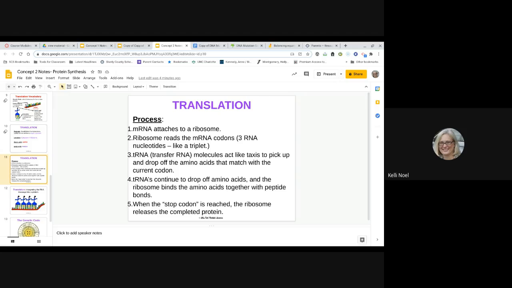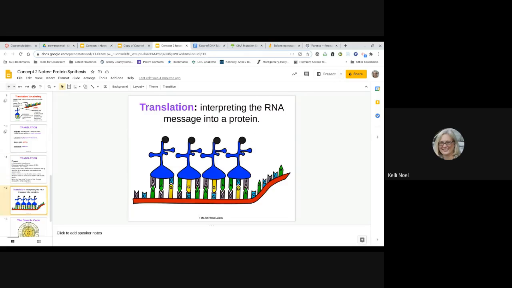So scientists finally figured out the code, figured out the bases, and came up with a code. And so we're going to learn how to decipher some of this. So here's a picture of kind of what translation looks like, sort of in a graphic or a visual.